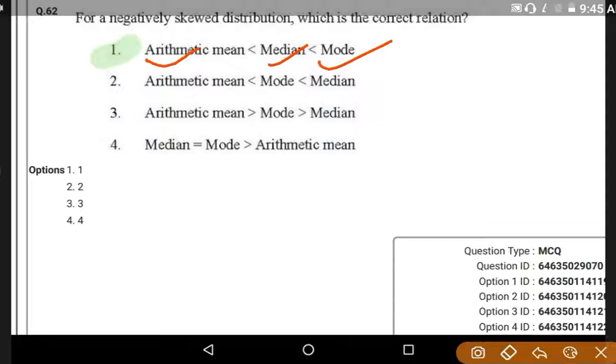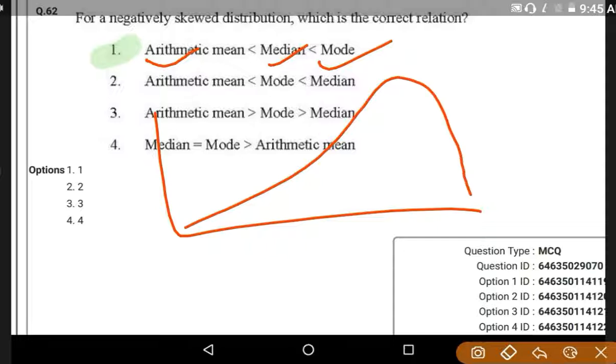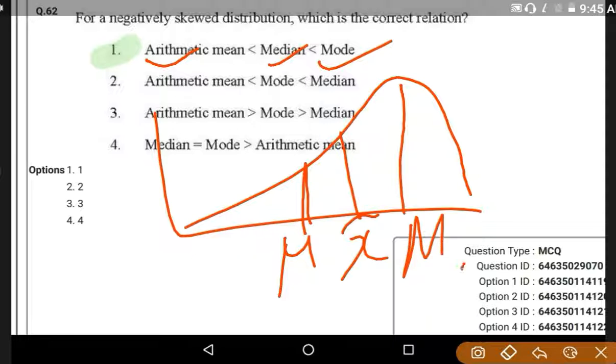This is what we have discussed. In a negatively skewed distribution, the mean will be here, the median at this point and the mode at this point. So the mean will be smaller than the median, and the median will be smaller than the mode. This one is the right relation.